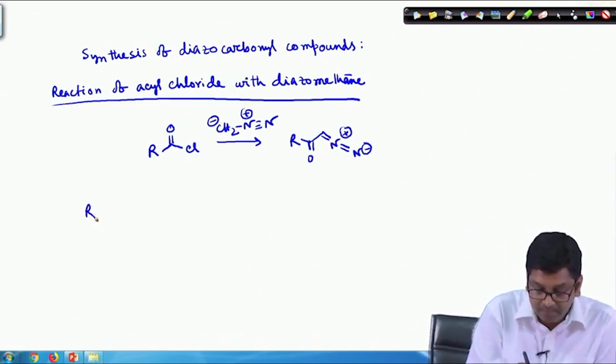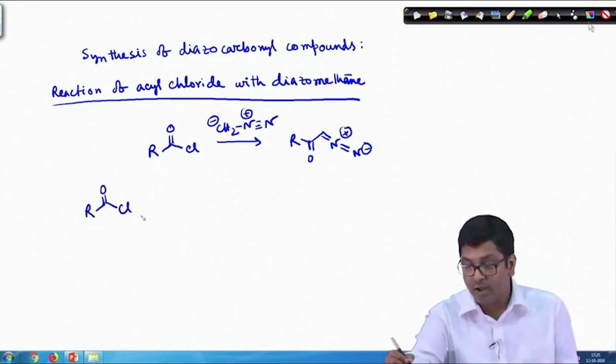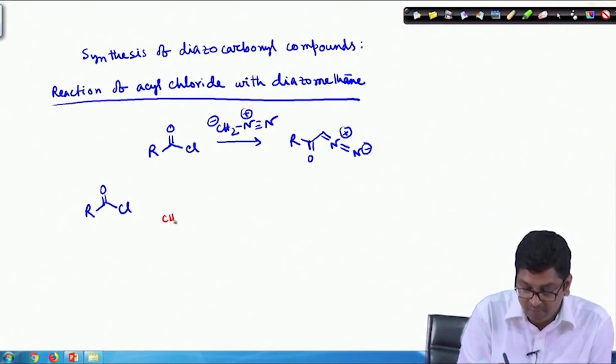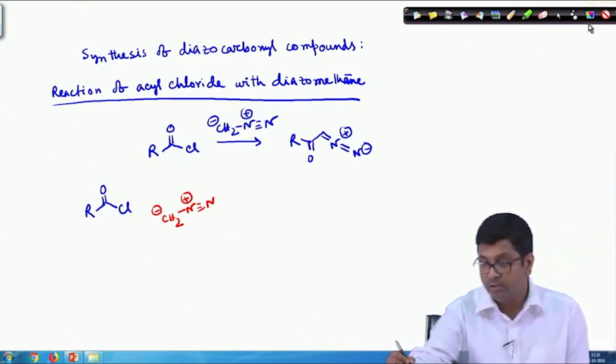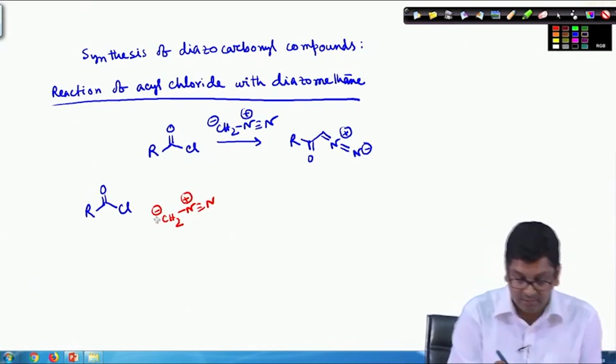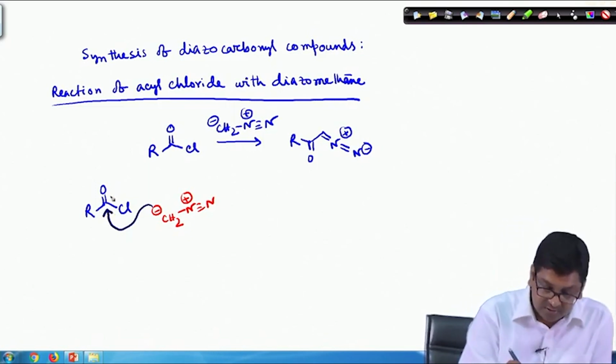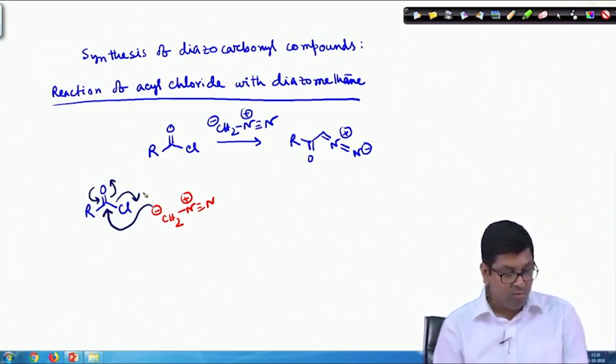Now, if you have this acyl chloride, now you have diazomethane. So, this can easily react over here, and once this goes, this will come back and this will go out.